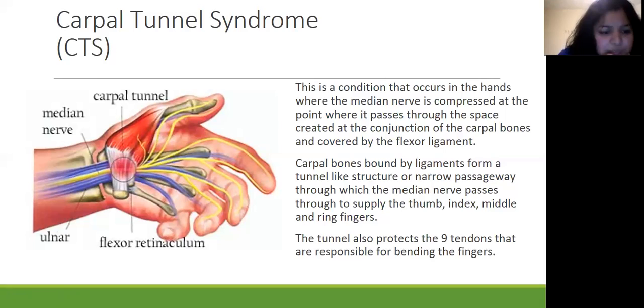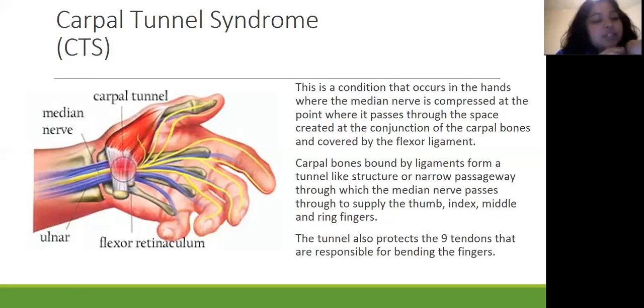On the inner part of it, there is the flexor reticulum ligament that covers this area. So it creates a little tunnel. You have the bones on the upper part, and then this ligament that goes over it.